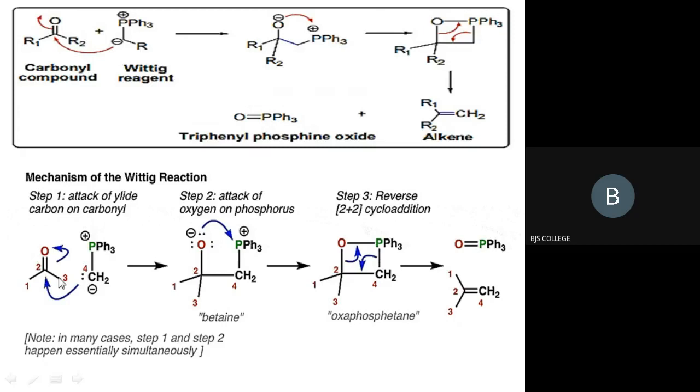So the Wittig reagent adds to the carbonyl carbon through the carbanion, and oxygen getting attached to this phosphorus gives you this betaine intermediate. This betaine intermediate then undergoes breaking of bonds in such a way that the carbon to oxygen bond is completely broken to form an alkene, and triphenyl phosphine oxide is given as a byproduct. So this reaction is called the Wittig reaction, one of the best methods for the synthesis of alkenes from carbonyl compounds like aldehydes or ketones.